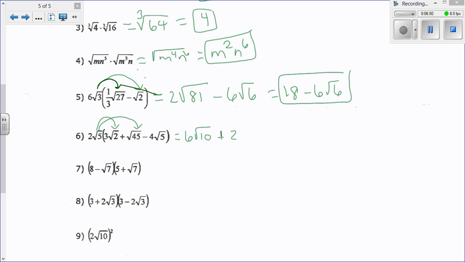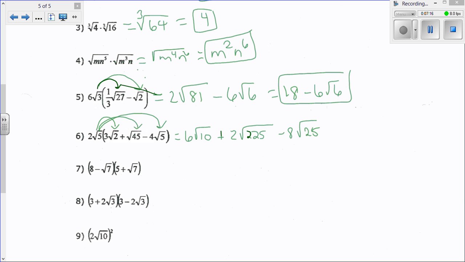Multiply the insides, 45 times 5 is 225, so it's radical 225. And then I have to do the last one. So 2 times -4 is -8. And then radical 5 times radical 5 is radical 25.